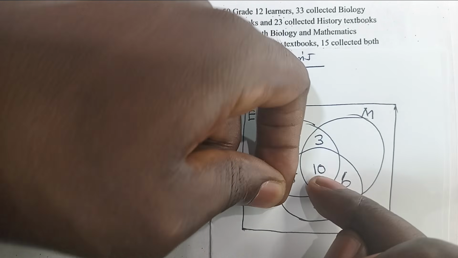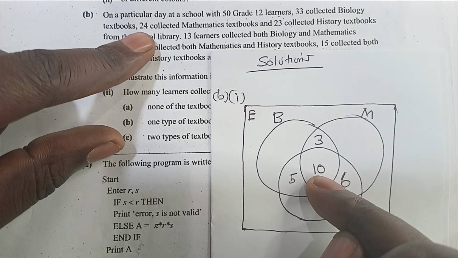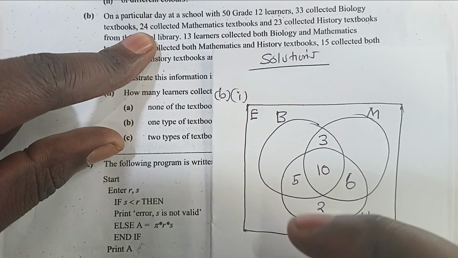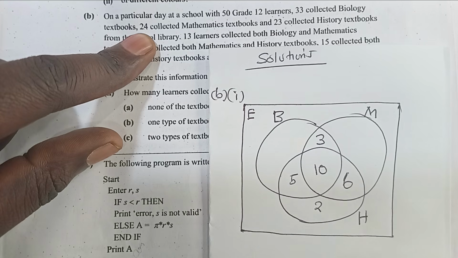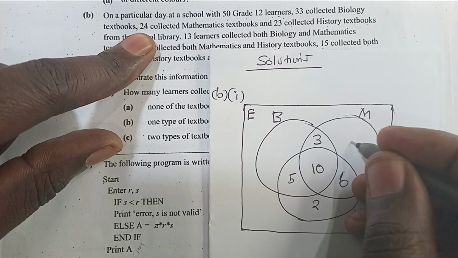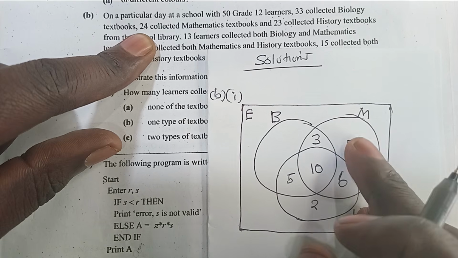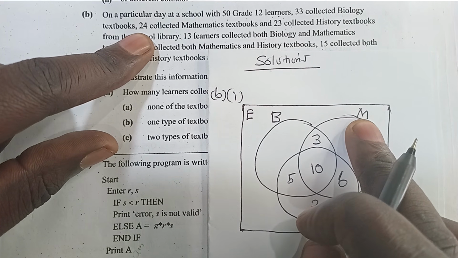We have 19. So how many more do we need to get the 24? So 19, 20, 21, 22, 23, 24. So we need 5 more. And this 5 is supposed to be indicated on the other part of the sets for mathematics textbooks.